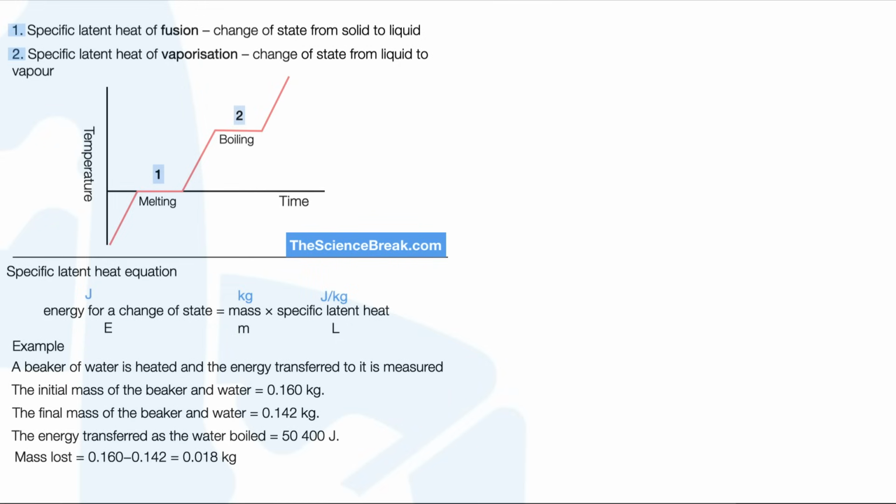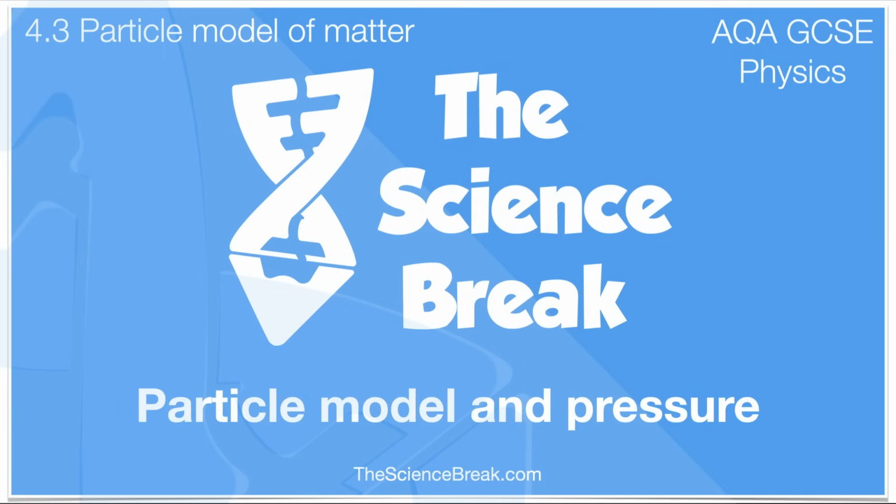So the mass loss is 0.160 minus 0.142. That gives us a mass loss of 0.018 kilograms. If we put that into our equation, we have latent heat equals 50,400 divided by 0.018, and that gives an answer of 2,800,000 joules per kilogram. So that's an example.